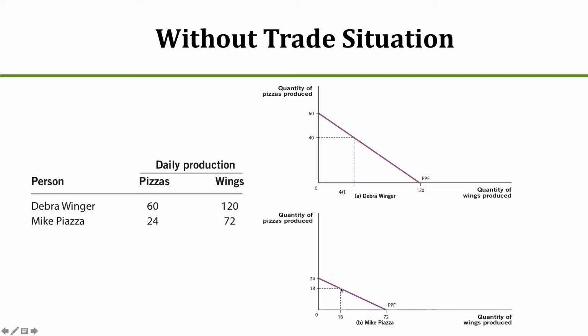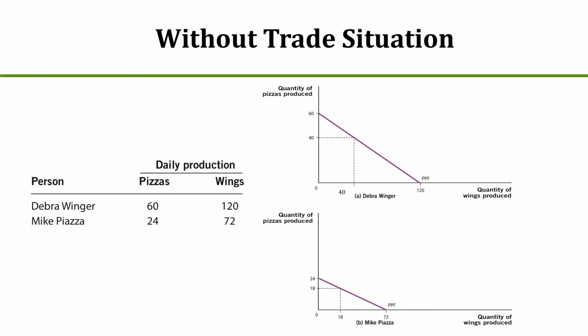After that, we are going to force them to trade, but you know that trade in real life needs to be voluntary. But in our simplistic example, we will force them to trade.